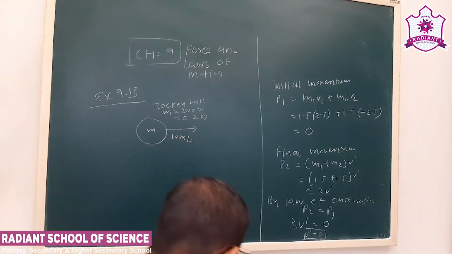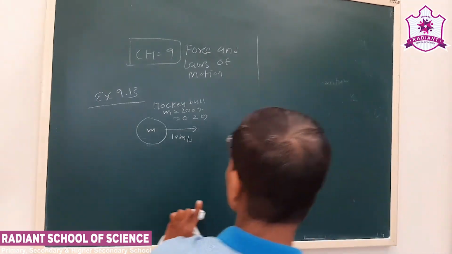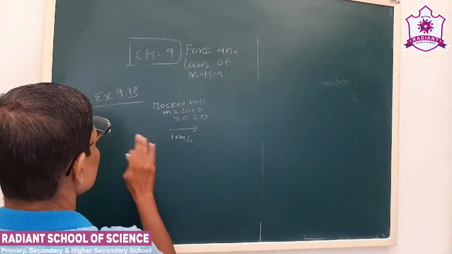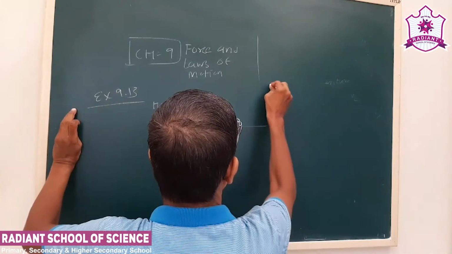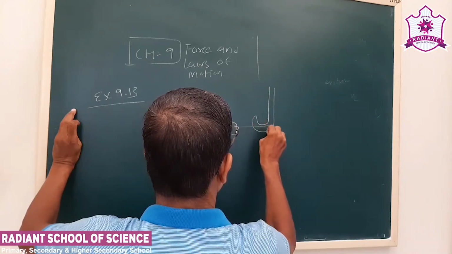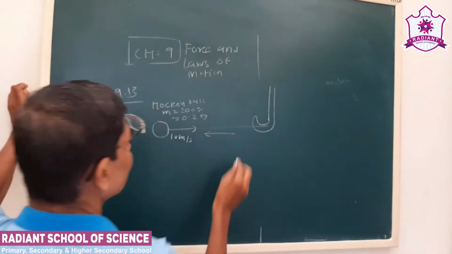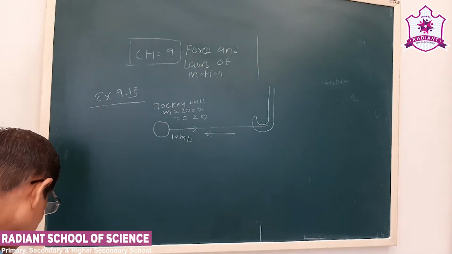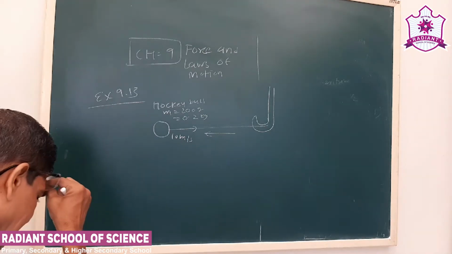Now it is struck by a hockey stick. It collides with the hockey stick and after collision it moves like this, so it returns along its original path.